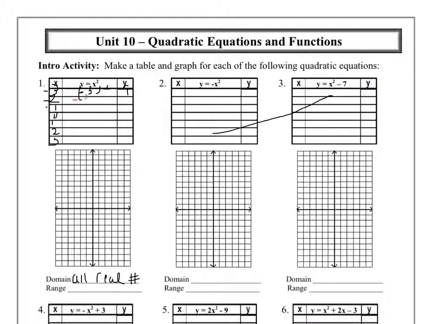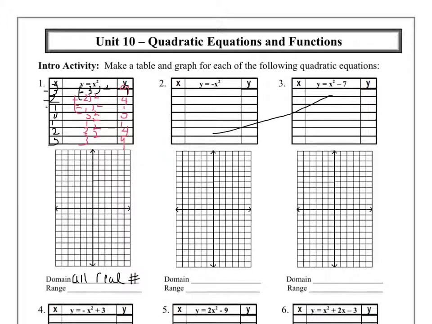The next one I did -2 squared, which is 4. -1 squared, which is 1. 0 squared is 0. 1 squared is 1. 2 squared is 4. And 3 squared is 9. This first one up here was a 9 also.